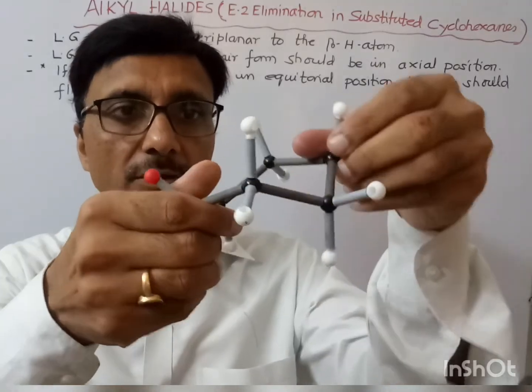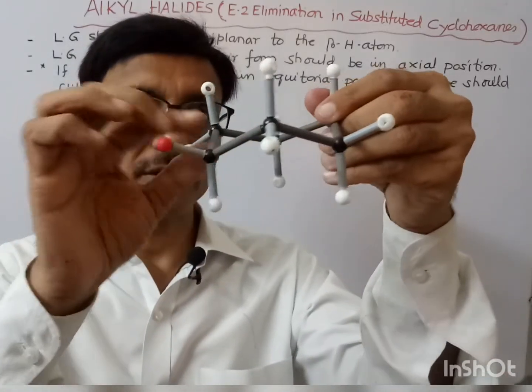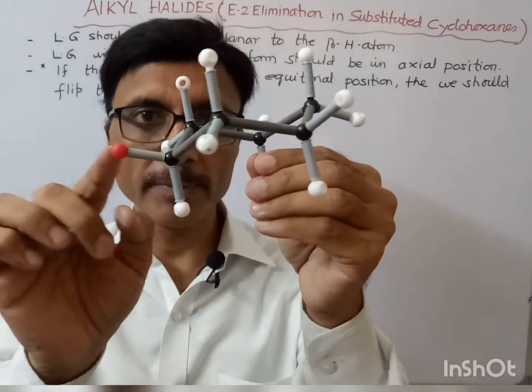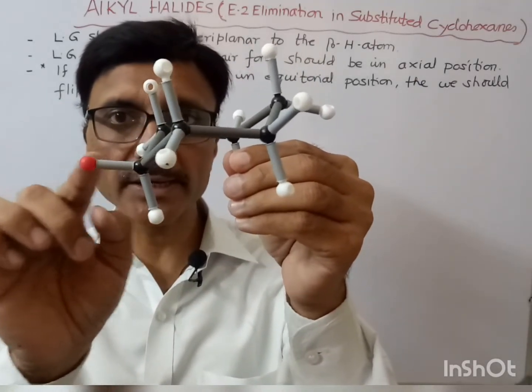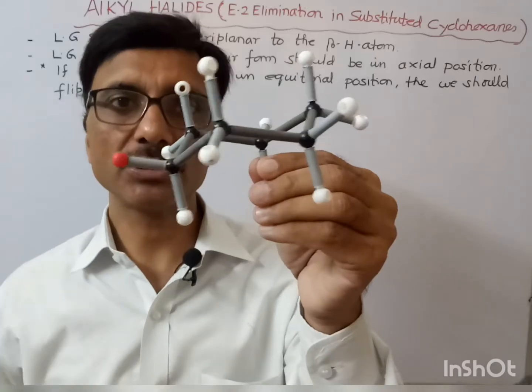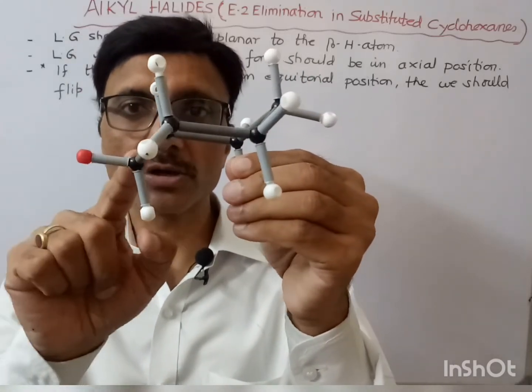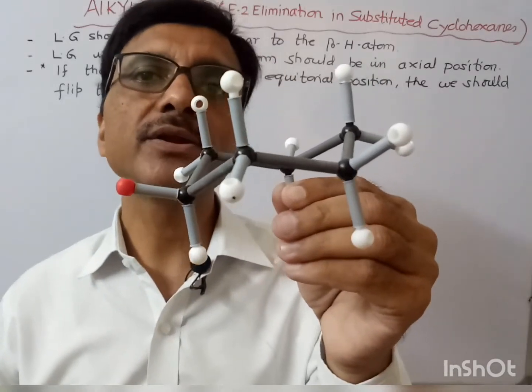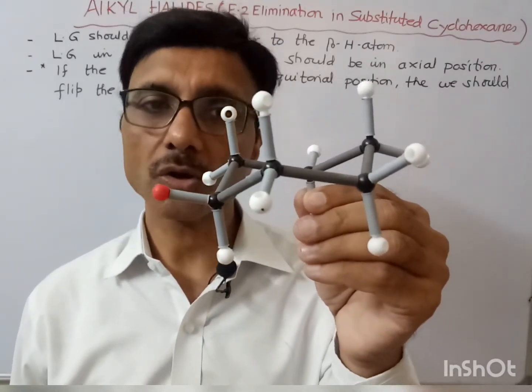Now what I have done, this bromine atom is now present in equatorial position. Now let's see whether we can remove the beta H here or not.